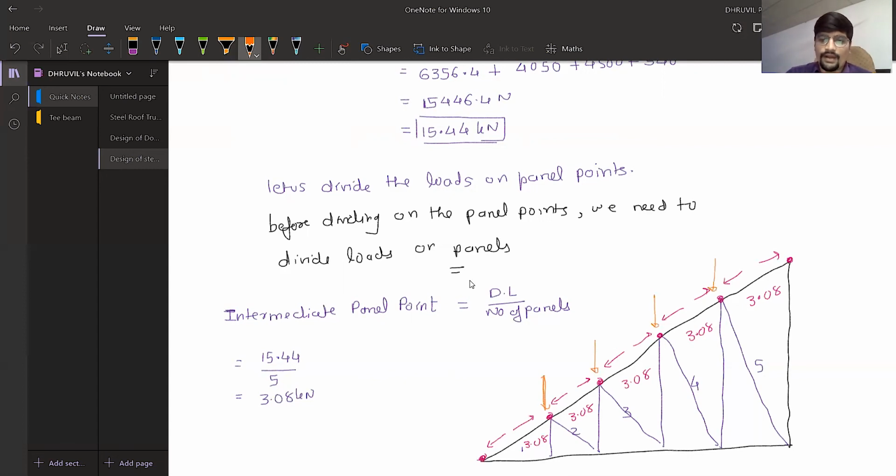So if half of 3.08 comes from here, it is 1.54, and half from here is 1.54, so the total will be 3.08 kilonewton.